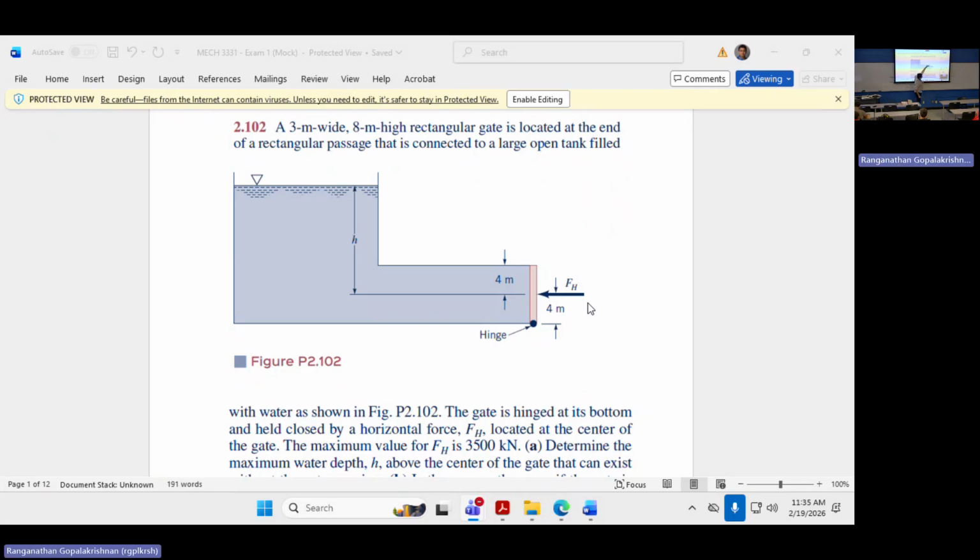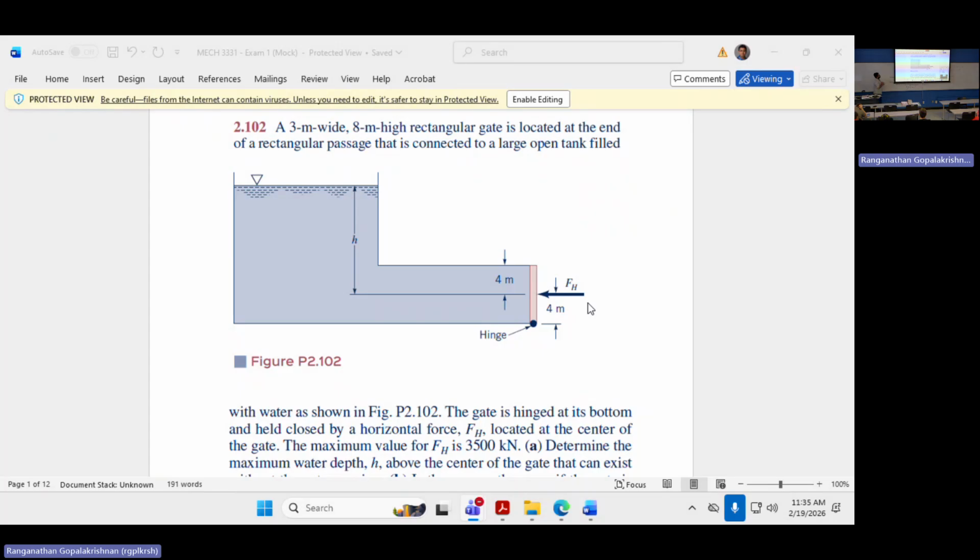Push the gate open in the clockwise direction. The force is applied at the midpoint producing a counterclockwise moment about the hinge. So you have to check whether the moment created by the water is less than or greater than 3,500. If it is greater than, then the water will open the gate. As long as it stays below 3,500, it will remain closed. Does that logic make sense to you?